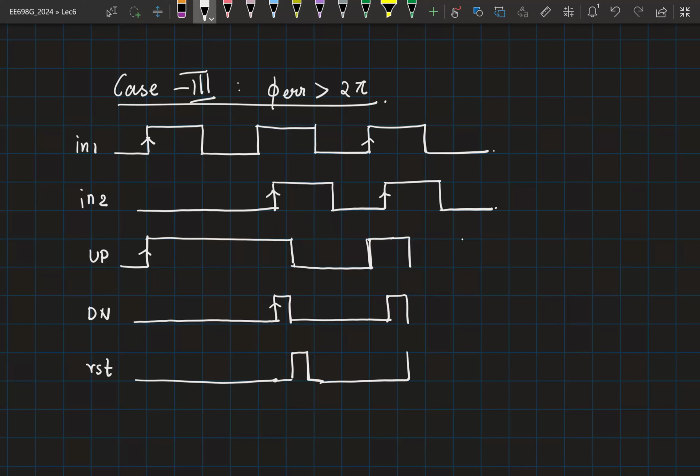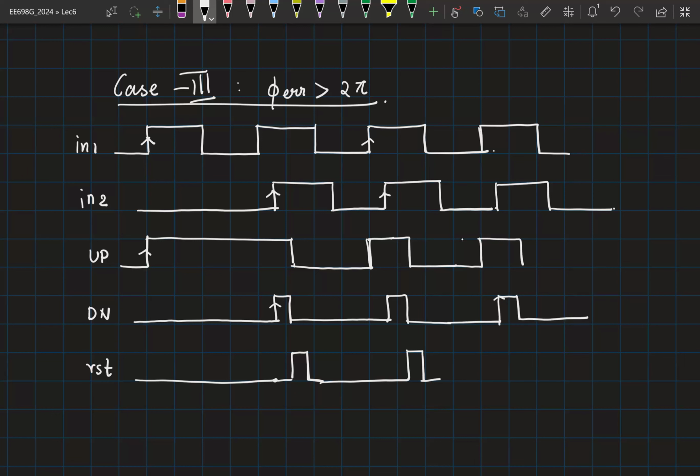And you'll have the reset signal here. Let me plot for one more period. Up goes high here. Down is going to go high here. And after this, both of them will come down after a reset period.